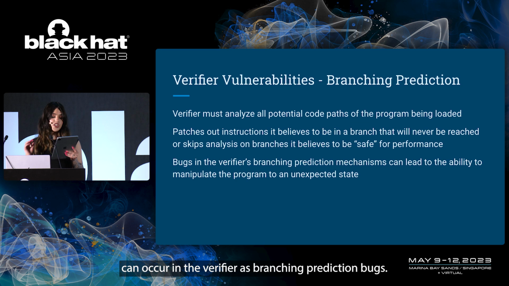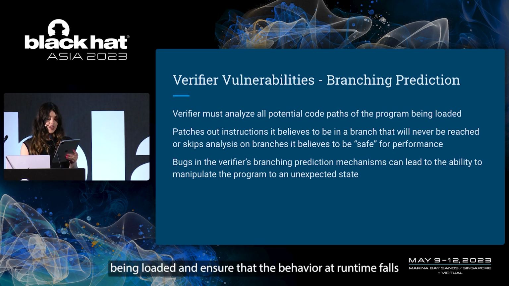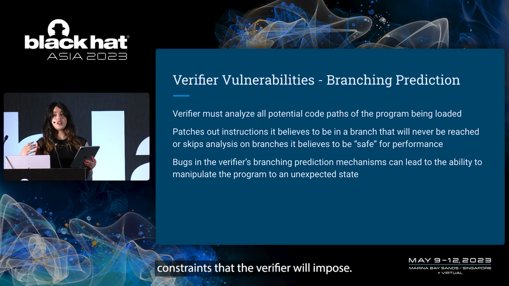Another type of bug that can occur in the verifier is branching prediction bugs. The verifier must analyze all potential code paths of the program being loaded and ensure that the behavior at runtime falls within expected safe constraints that the verifier will impose.